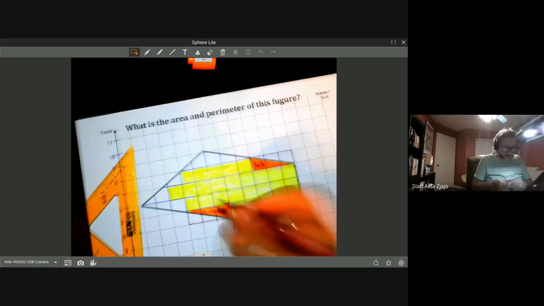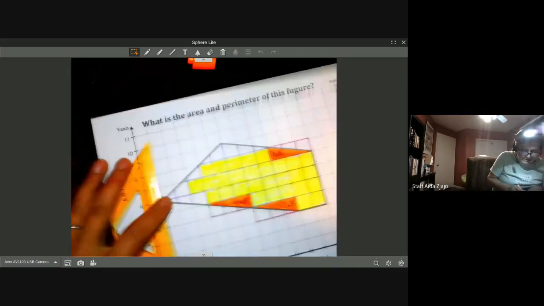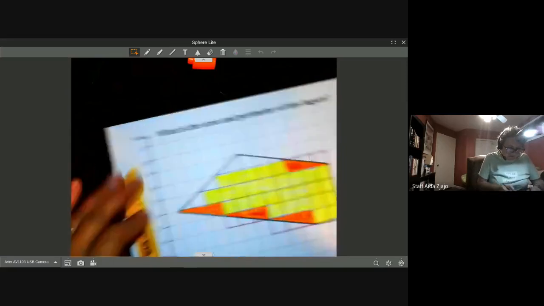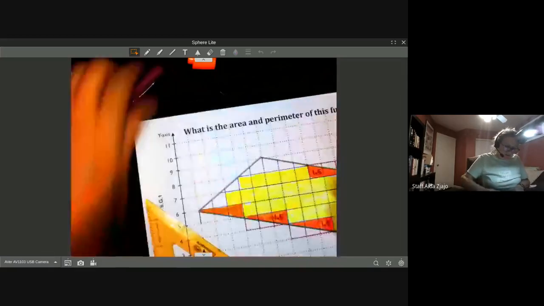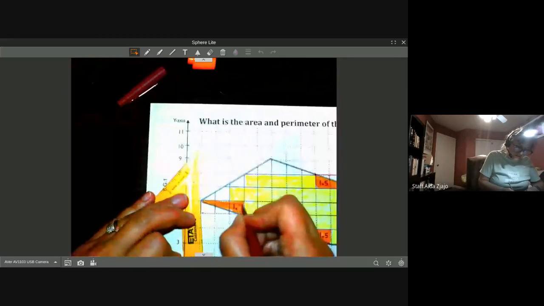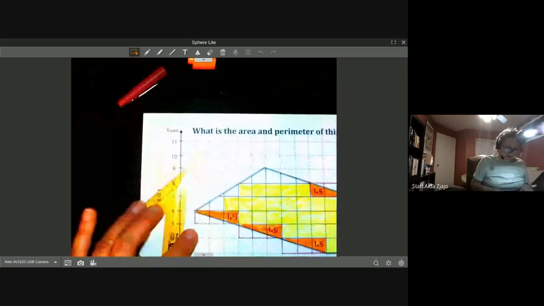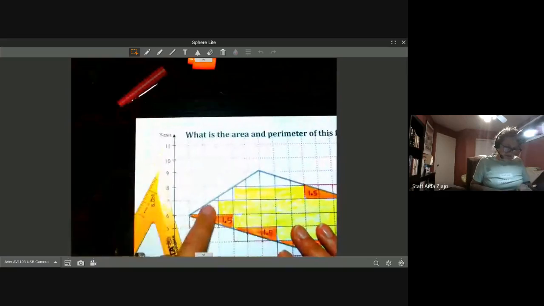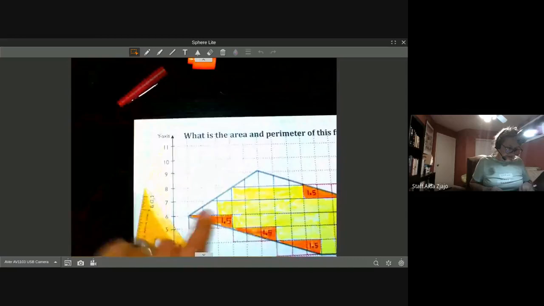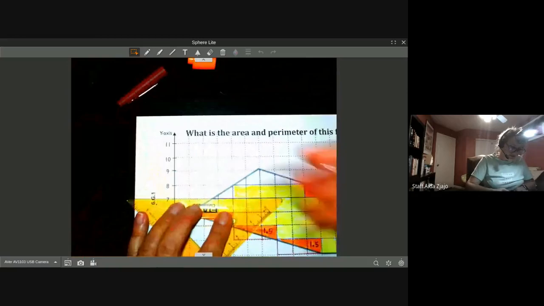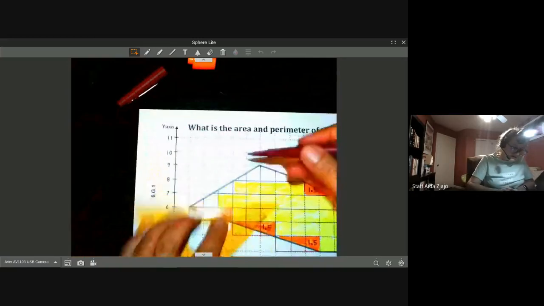Okay, and then I have this one right here. I have this top part. It's about 2.